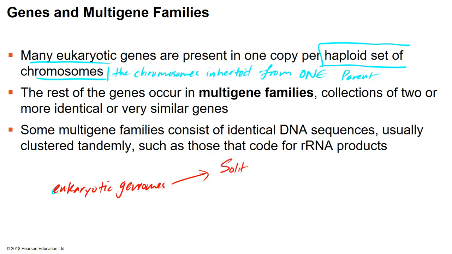They are called solitary genes. So these are one copy per haploid set. Okay.